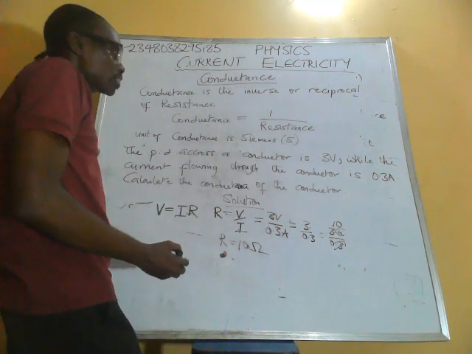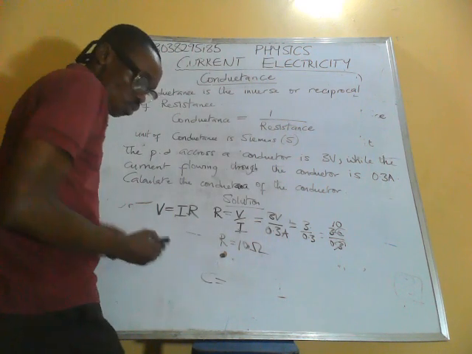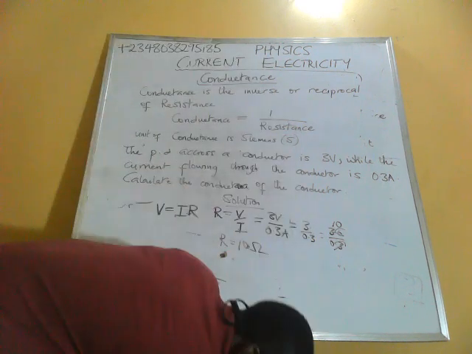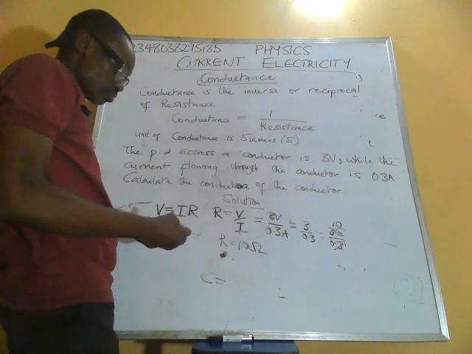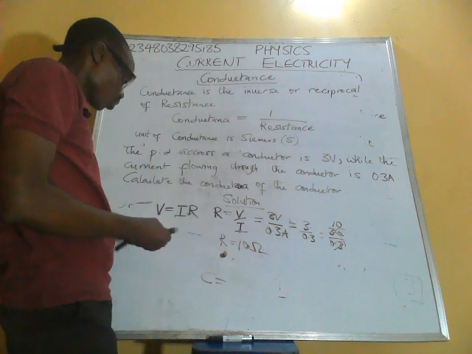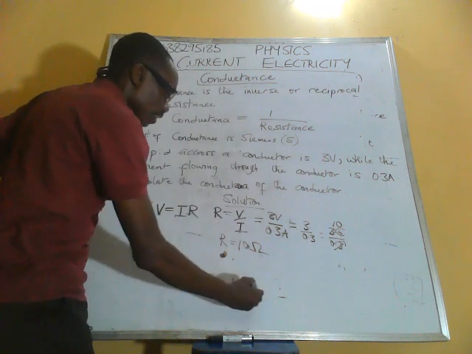But our business is not with the resistance, it is with the conductance. Conductance is equal to 1 over resistance, and the resistance is 10.